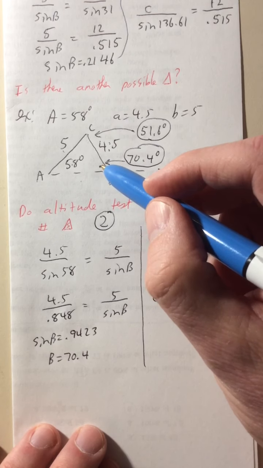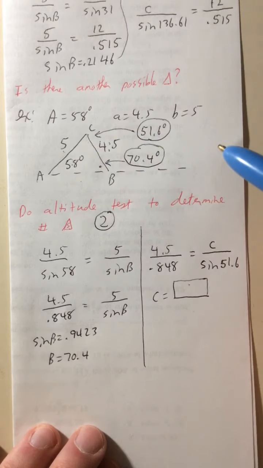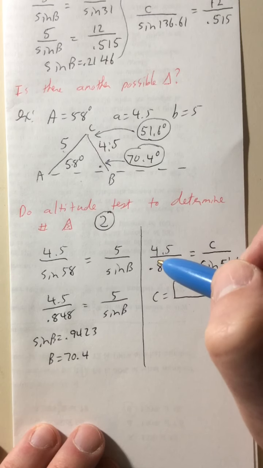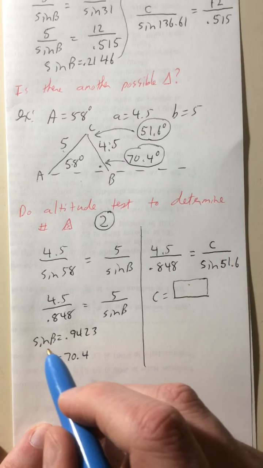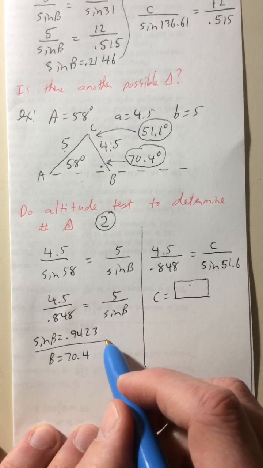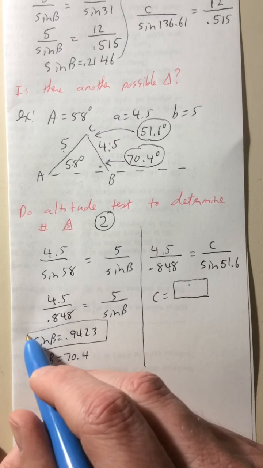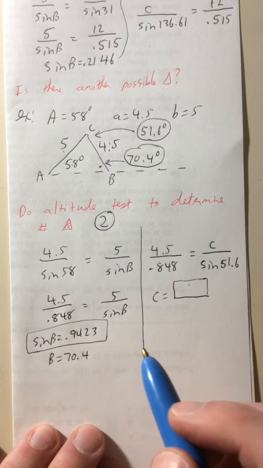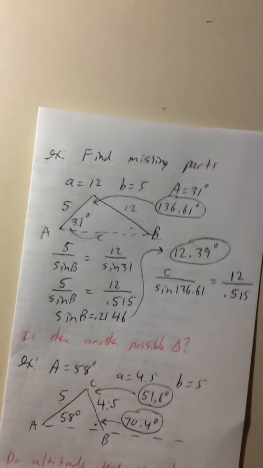Now we also have an obtuse angle for B. So we have this right here. Sine of B is 0.9423. We're going to do the rest of this problem on the other side of the page. So sine of B equals 0.9423. That's important.